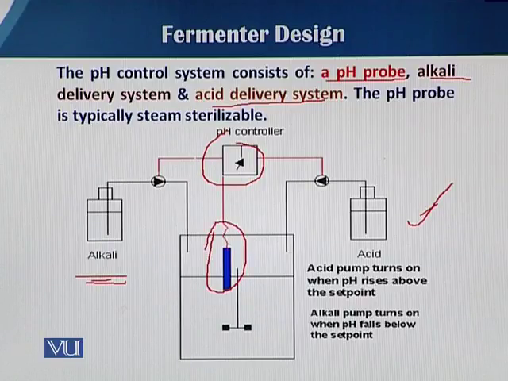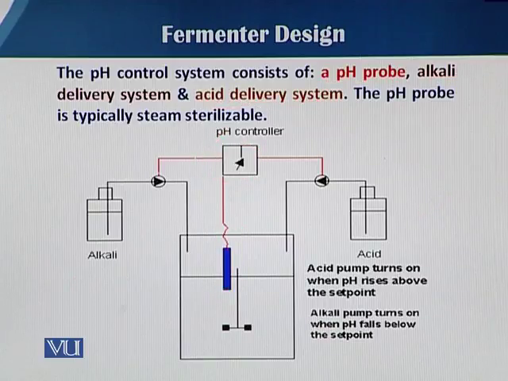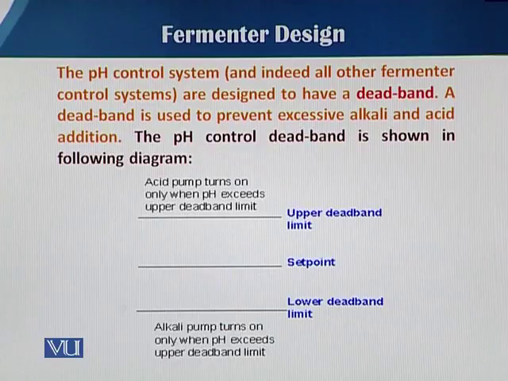First it senses the pH. So according to the change in pH, if the pH decreases from 7 toward 6, 5 and so on, then the signal goes to the alkali. But if the pH increases from 7 to 8, then the signal goes to the acid delivery system. So how can this total delivery system be managed?